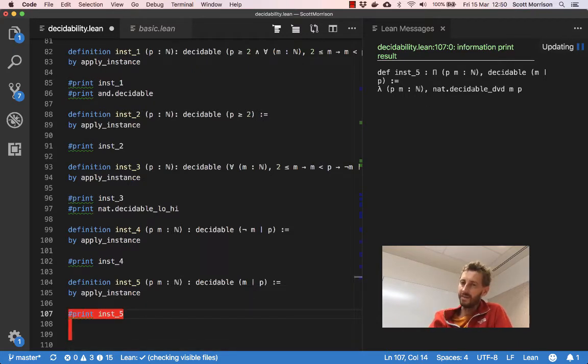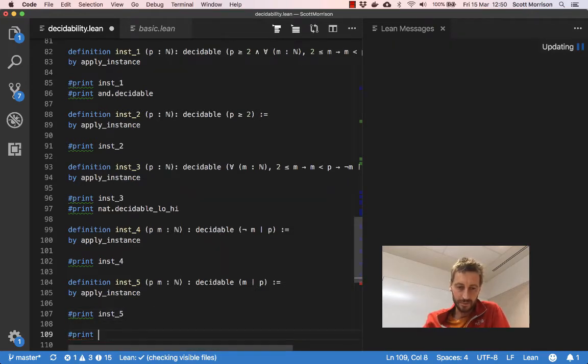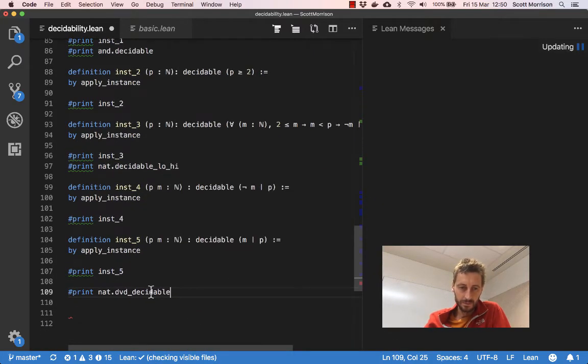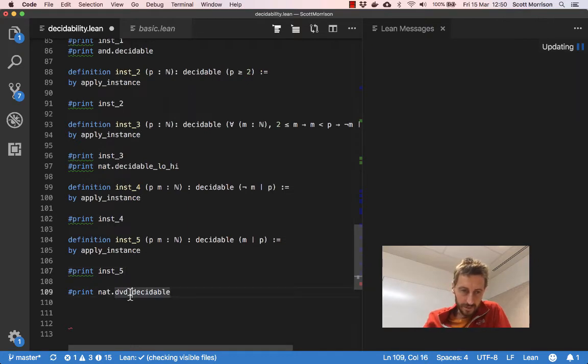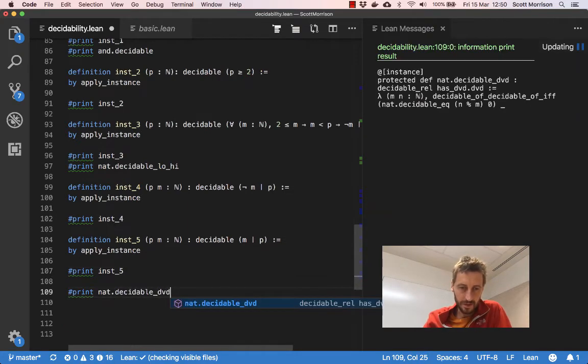And it's got some statement that divisibility in the natural numbers is decidable. And finally we can print that to see what it's doing. Maybe? Did I get the name wrong? Sorry. Of course, decidable DVD, not DVD decidable.